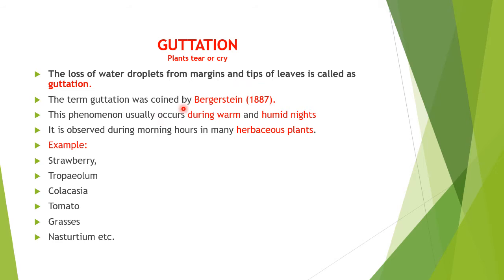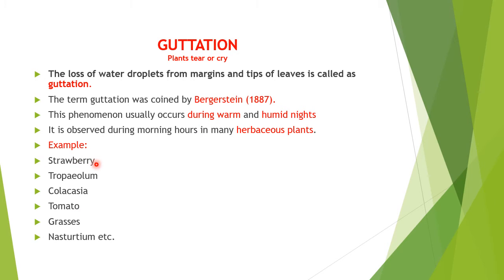The term guttation was coined by Burgerstein in 1887, and this phenomenon usually occurs during warm and humid nights, and it is observed during morning hours in many herbaceous plants and also a few woody plants.